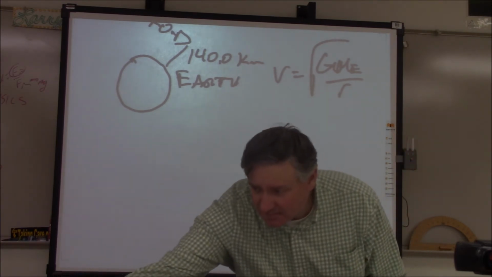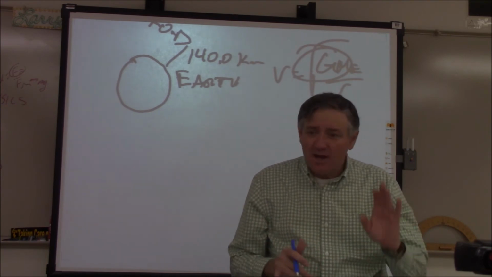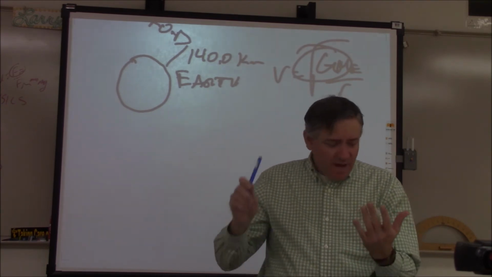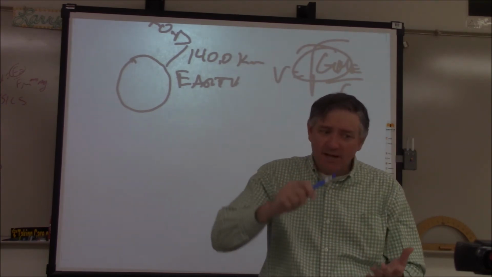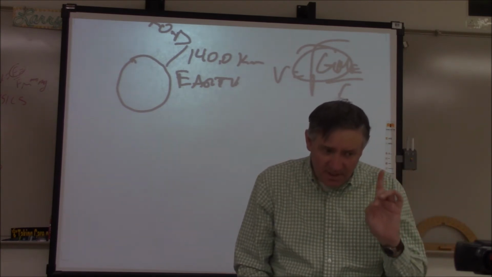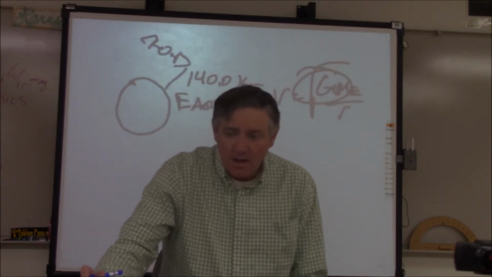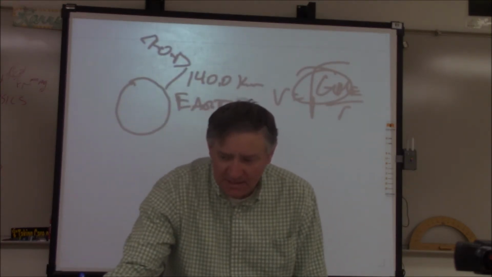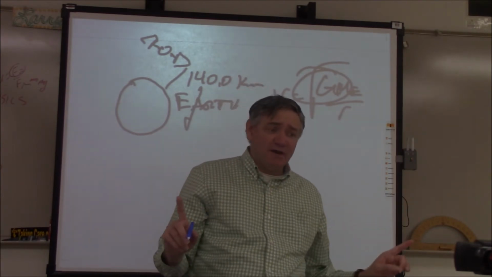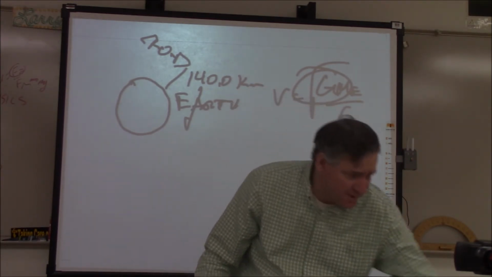Anytime you see big G, this is the absolute poster child of the MKS system. You have to be in meters, kilograms, seconds. That's the only way this thing works. So, not only do you have to change that into meters, multiply by 1,000, don't divide by 1,000 and say the radius is 0.14 meters, okay?